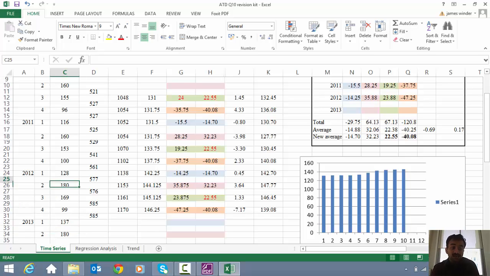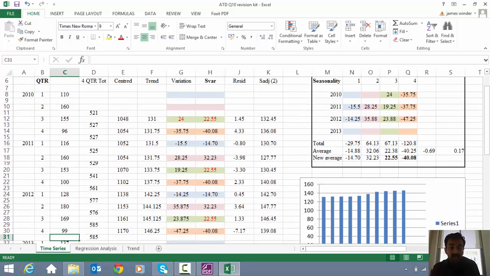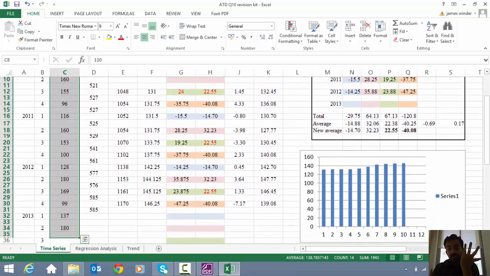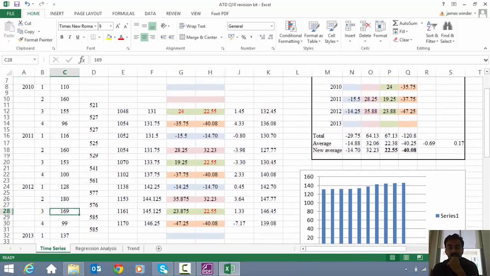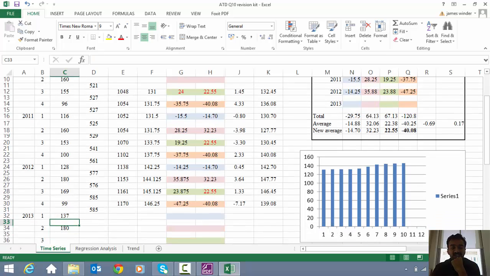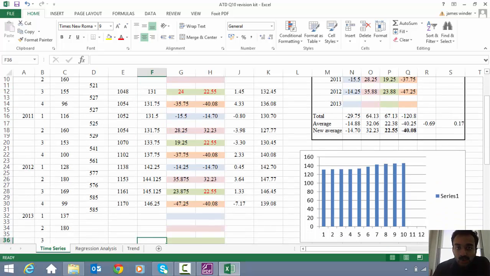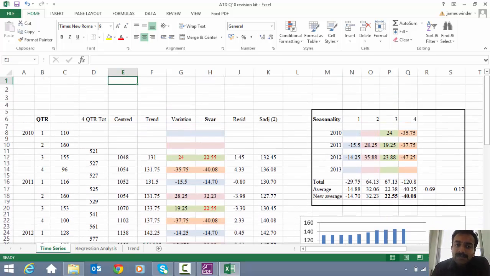And in time series, one of the other comments that the examiner makes in the sample answer there is that when you use time series, you're giving equal weightage to all the years from 2010 to 13 or 14, but you might ideally want to give more weightage to recent years rather than older years. 2010 is old data, you might say. And as a result, he suggests a way of overcoming that. Instead of using moving averages, you could do exponential smoothing, wherein you give greater weightage to closer numbers. So just pick up some of these ideas, guys.